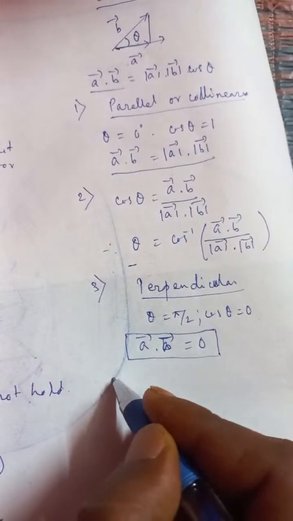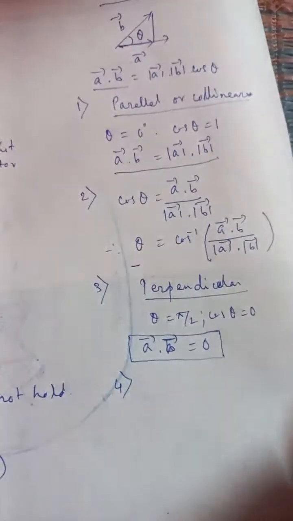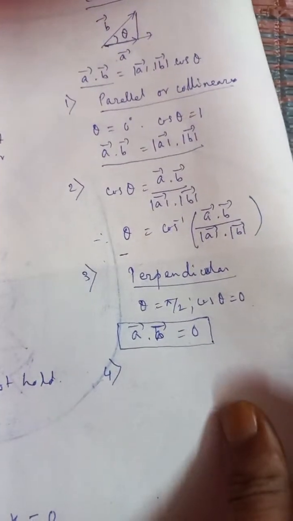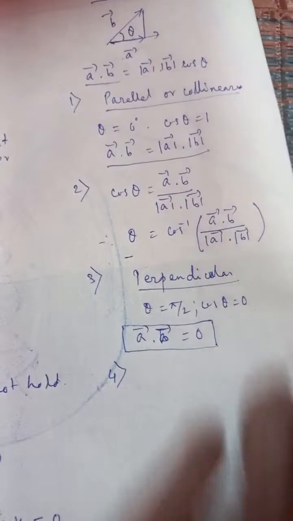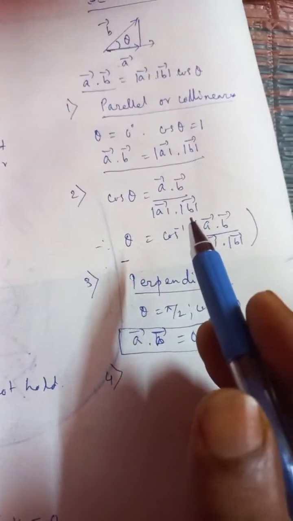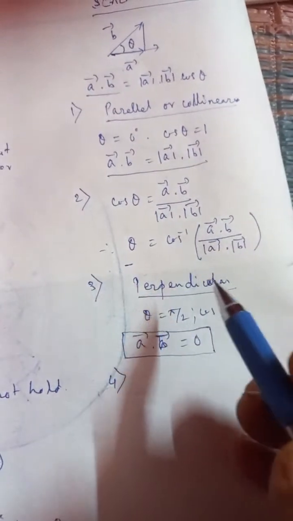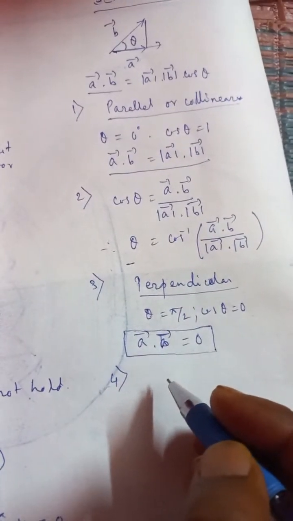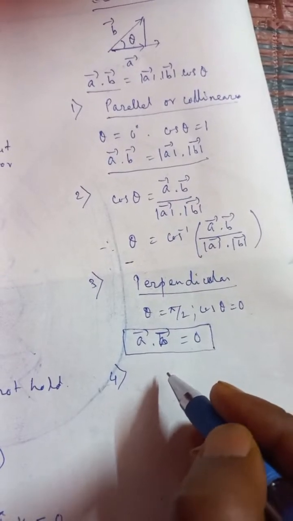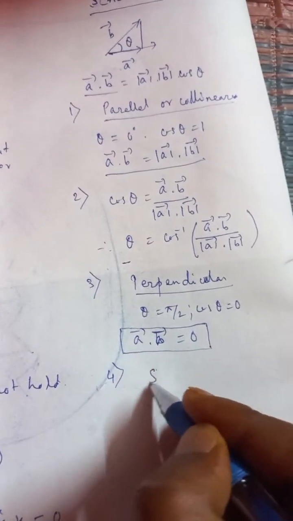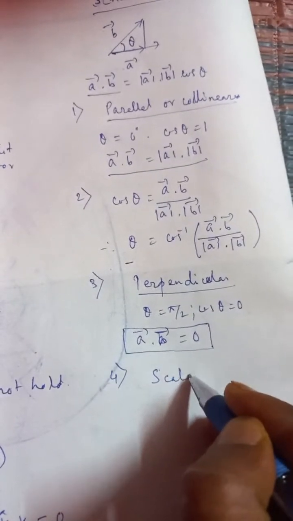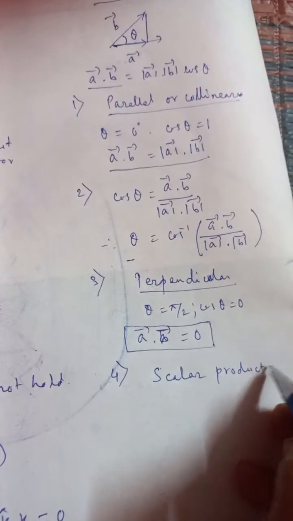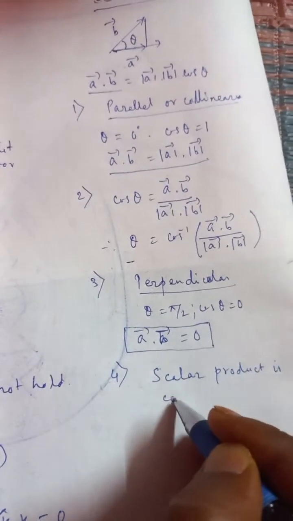Here, note the condition that under the scalar product, the dot product is commutative.